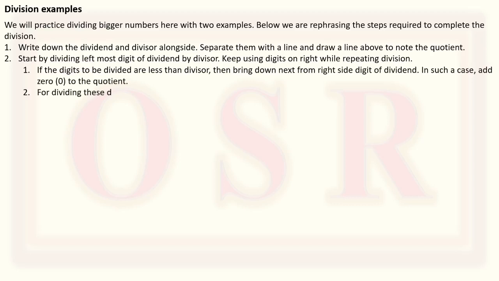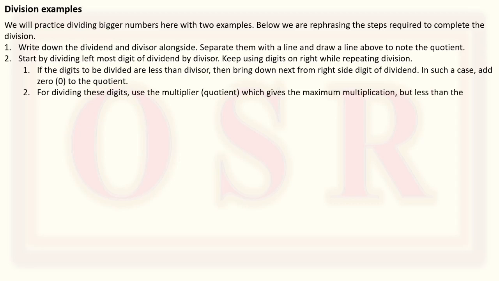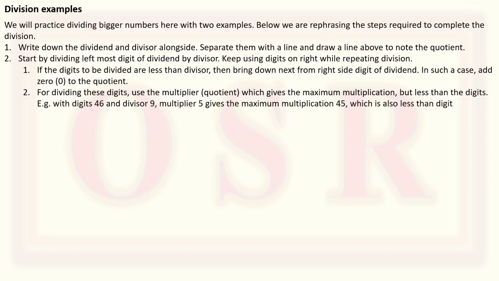For dividing these digits, use the multiplier or quotient which gives the maximum multiplication but less than the digits. For example, with digits 46 and divisor 9, multiplier 5 gives the maximum multiplication 45, which is also less than the digits, that is 46. Now put this multiplier in the quotient and subtract the multiplication from the digits.